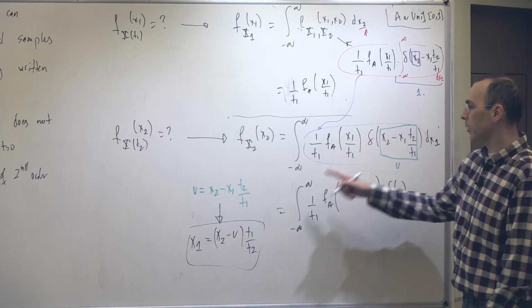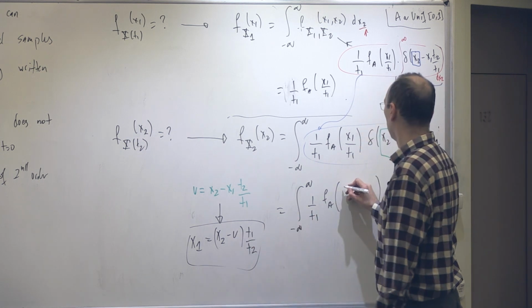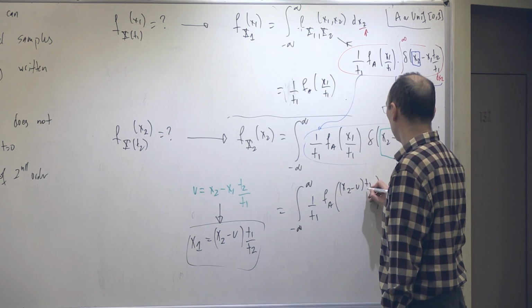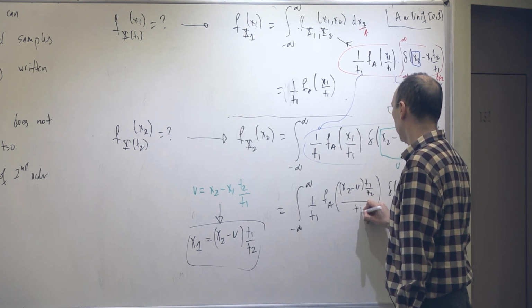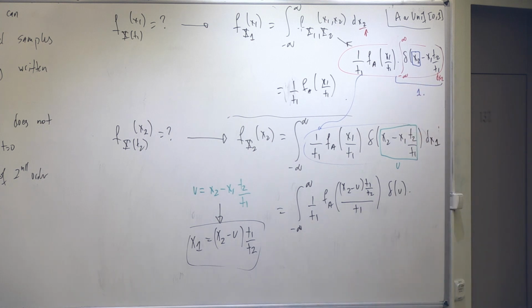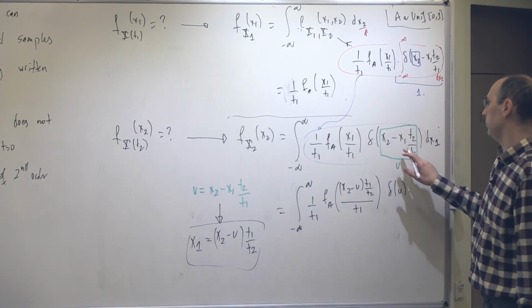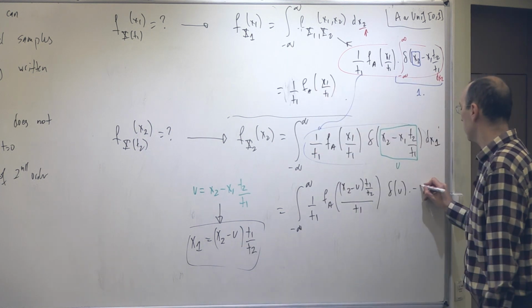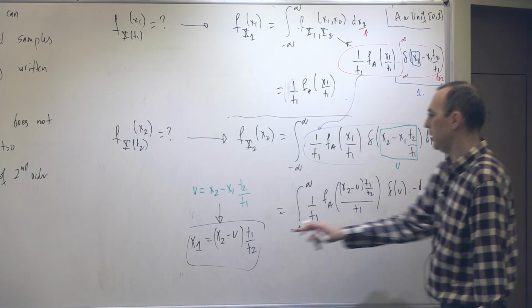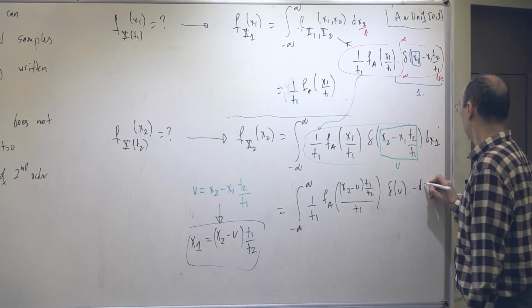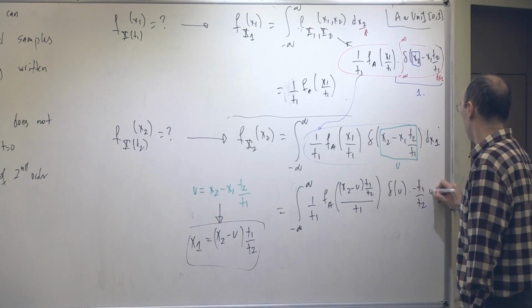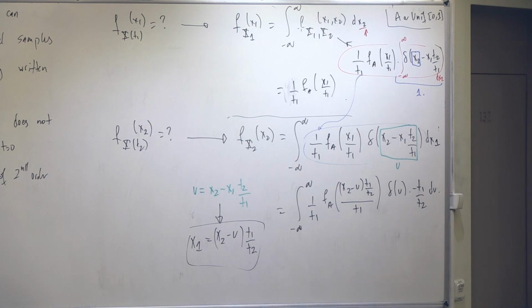So instead of x1, I'm writing t1 over t2 times this. Then du, this was good. How about dx1? dx1 is minus t1 over t2 du. Am I right? That is it.